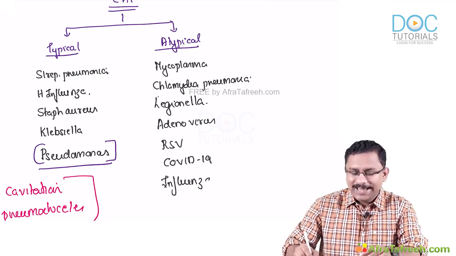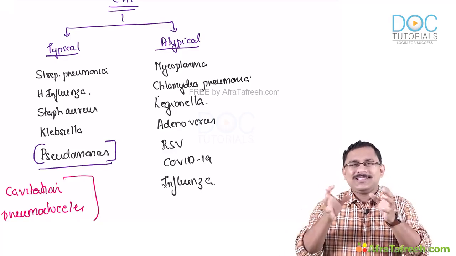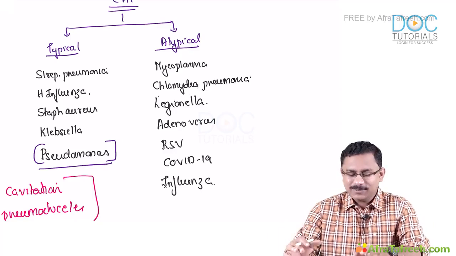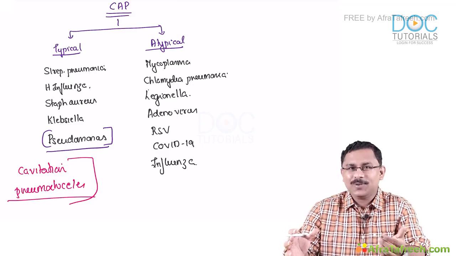So all these are atypical pneumonia causing organisms. That is how you would subgroup into the typical as well as atypical organisms. Very clear. These are the organisms causing a community acquired pneumonia.